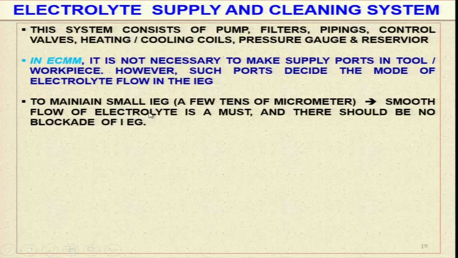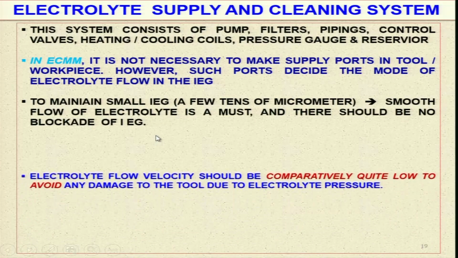Hence, they have another way of using the electrolyte in case of ECMM. To maintain a small interelectrode gap of a few tens of micrometers, a smooth flow of electrolyte is a must, and there should be no blockade of the interelectrode gap, otherwise the process may get stopped.